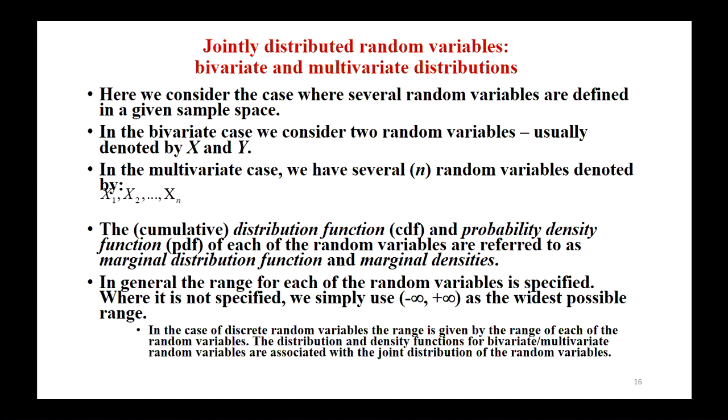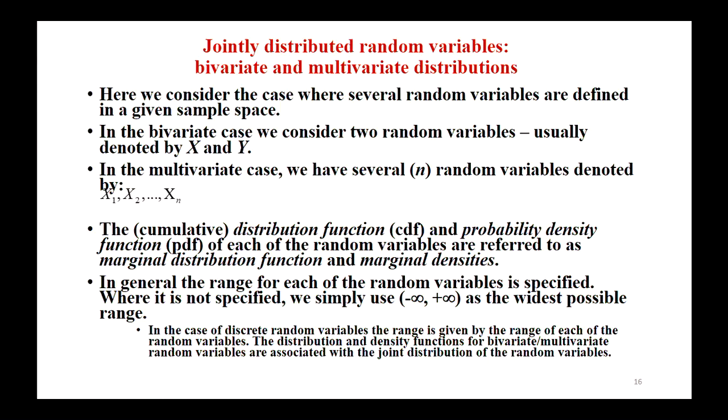For the cumulative distribution function and probability density function of each of those random variables, when we have more than one, we'll put the word marginal in front. So when you see marginal, that means just one of our random variables. The marginal PDF of x is the PDF of x, ignoring any other random variable. I'll show you how to get those in just a moment.